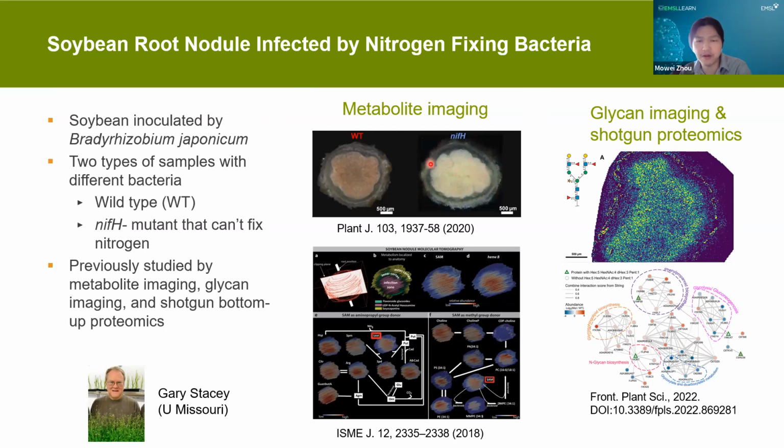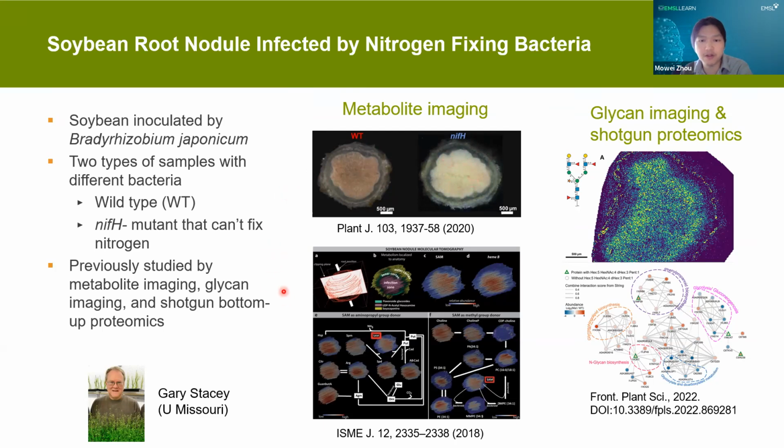So it's a very nice model system to study this symbiosis process, because in the wild type it actually does fix nitrogen, so the whole process is happening. But for the mutant, you only infect the soybean, but you don't fix nitrogen.